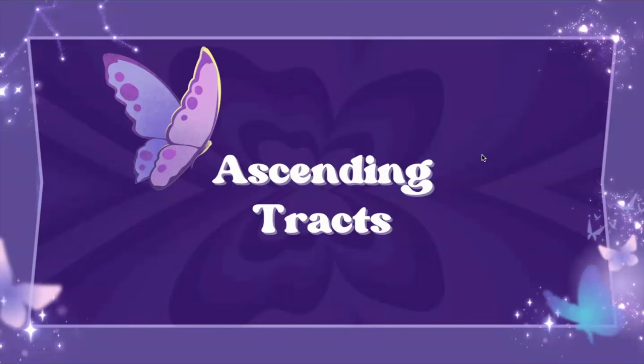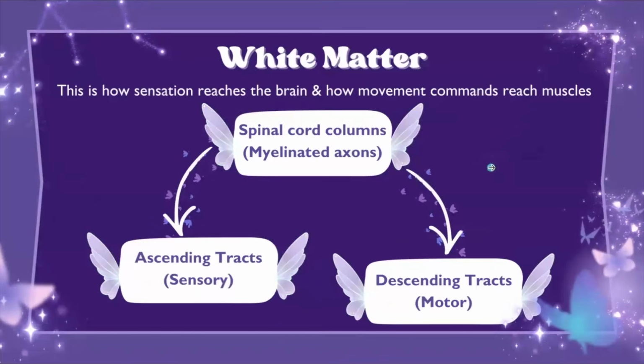Everything after this part is the main bulk of this section. So all tracts live within the white matter. Why? Because they're bundles of axons. Let's say, for example, that you touch something hot, okay? You would sense that you are touching something hot.